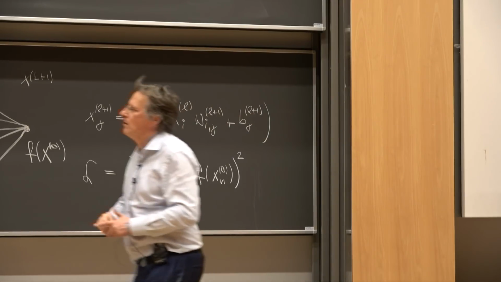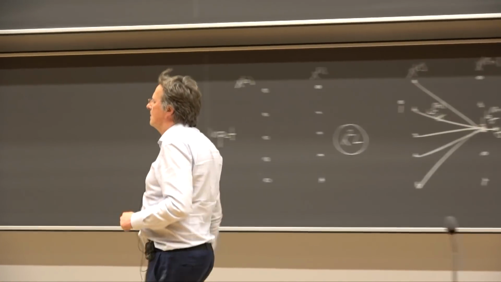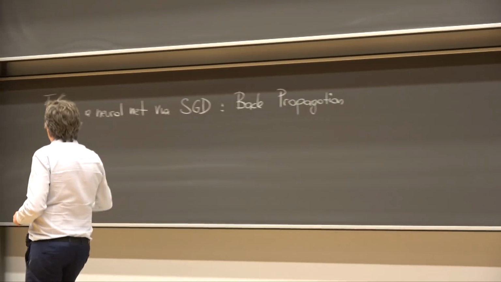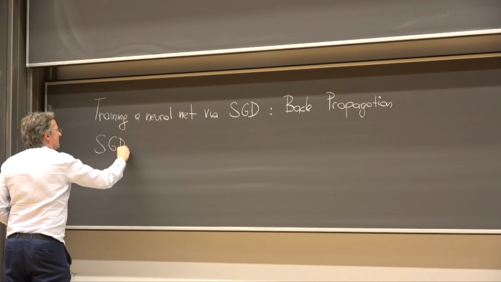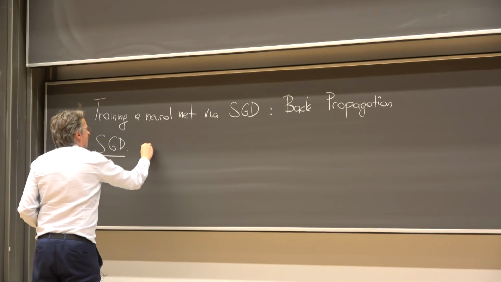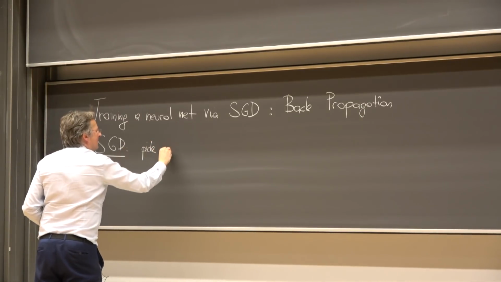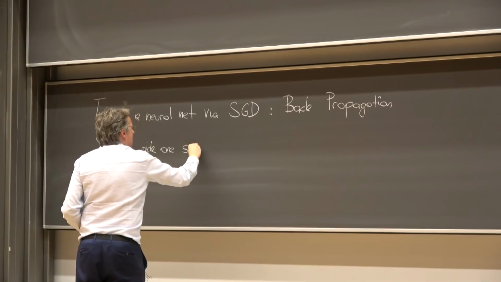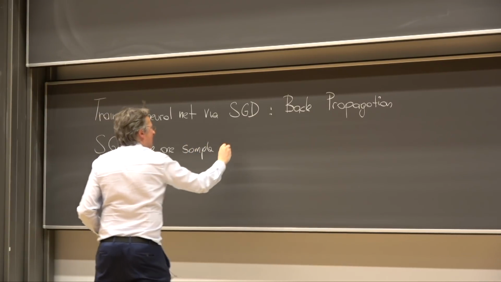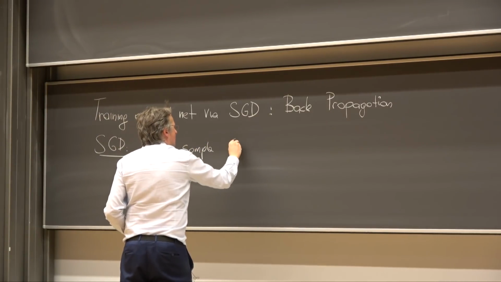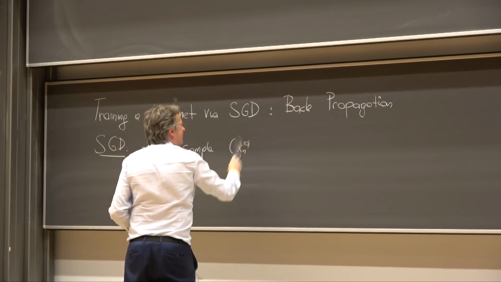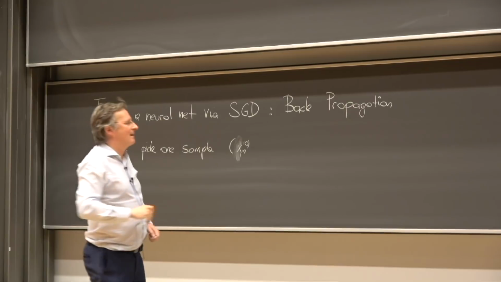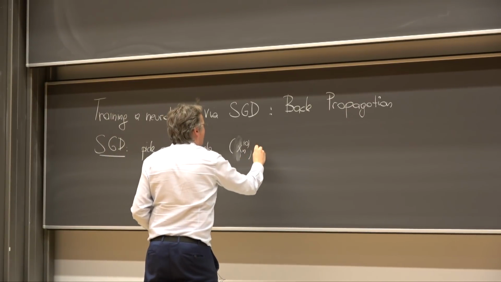Is this clear? Since we do stochastic gradient descent, we pick one sample, and the sample will be yn and xn. I write 0 here just to make it clear, because there will be several x's around.